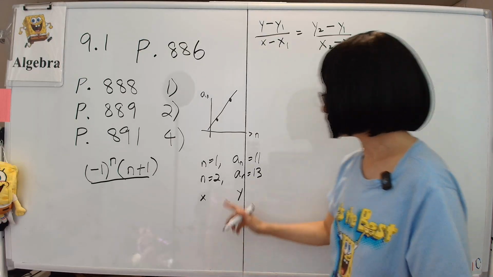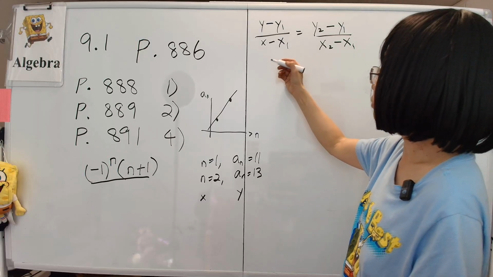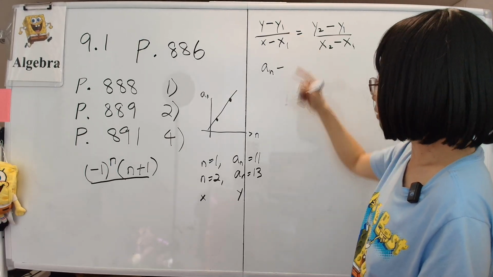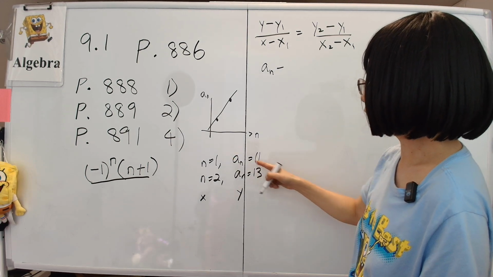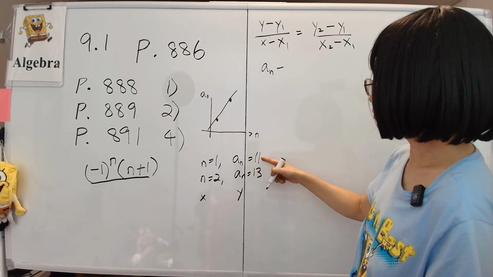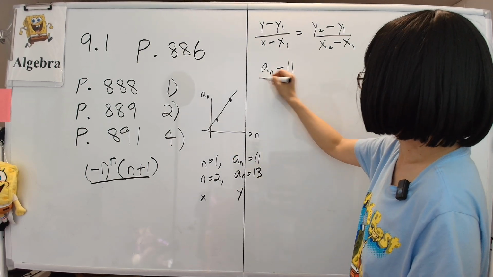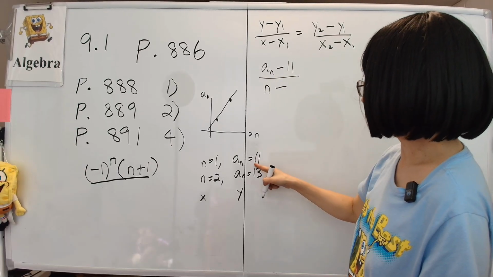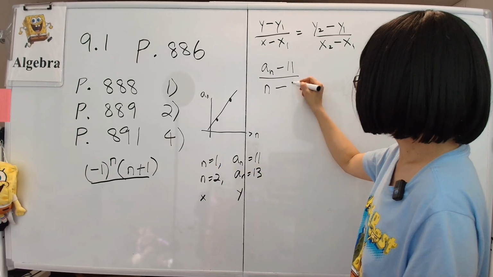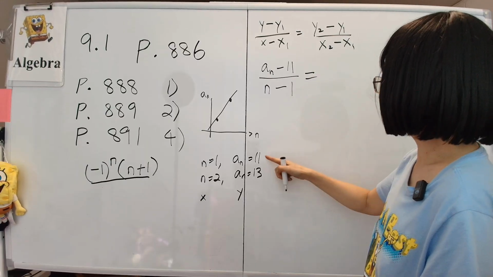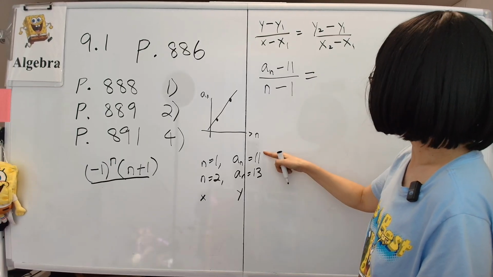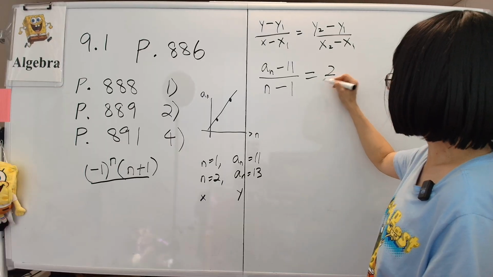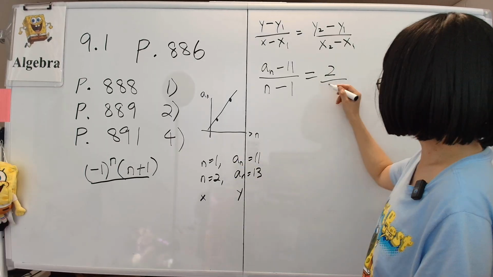So to rewrite this in this form, we have an minus y1, pick one, it doesn't matter. We'll pick this one as y1, so 11, divided by n minus x1, which is 1, equals y2 minus y1, which is 2, over x2 minus x1, which is 1.